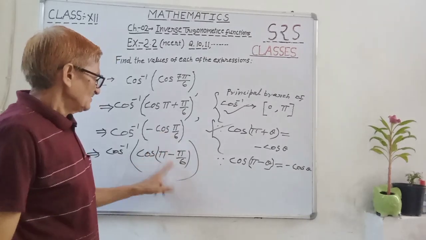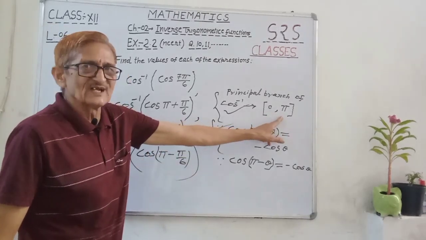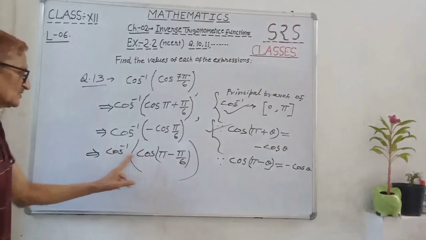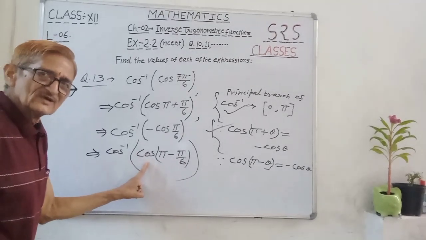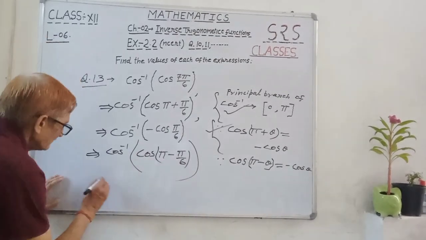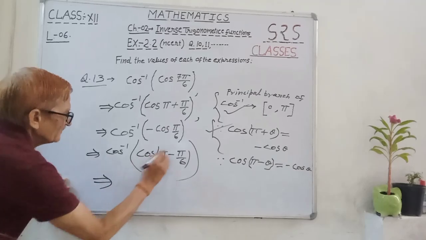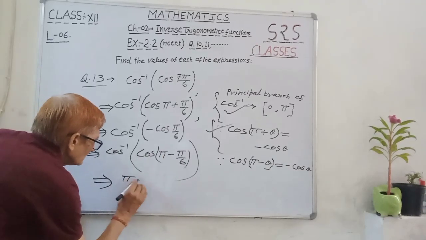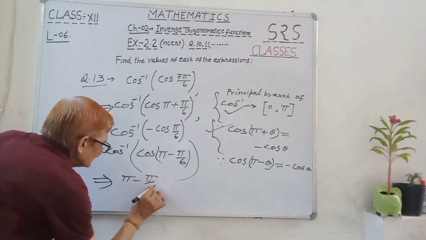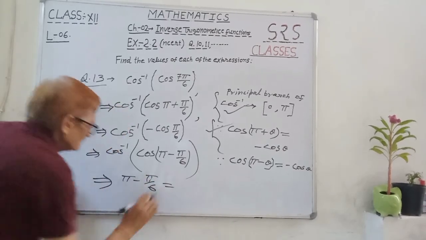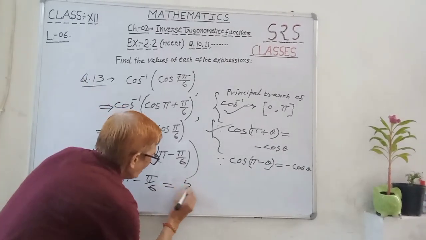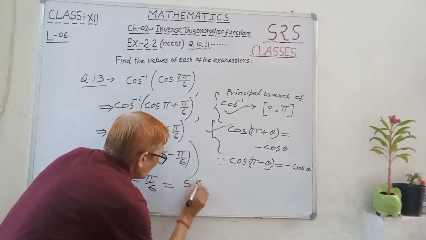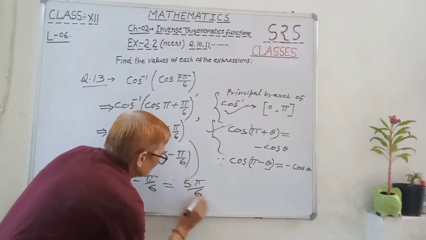So cos inverse and cos cancel out and the output is in the branch, so by property it is pi minus pi by 6, which is 5 pi by 6.